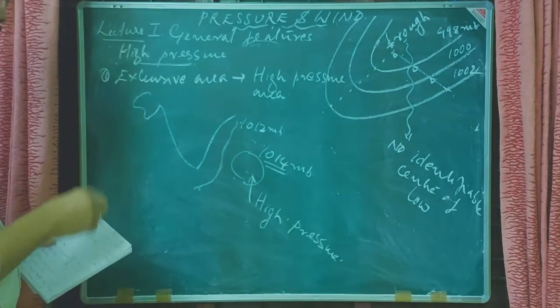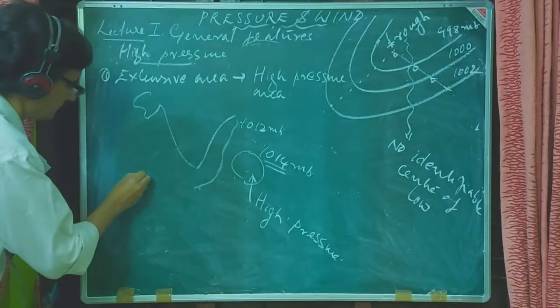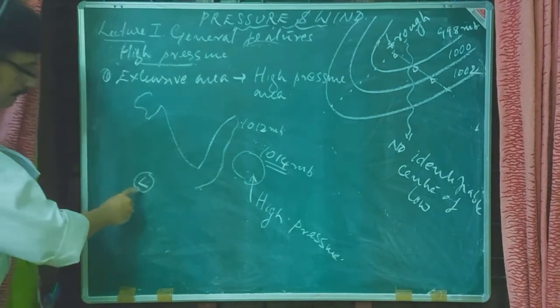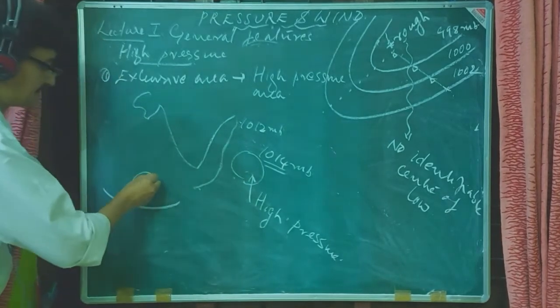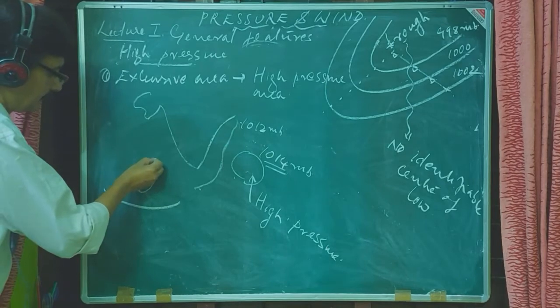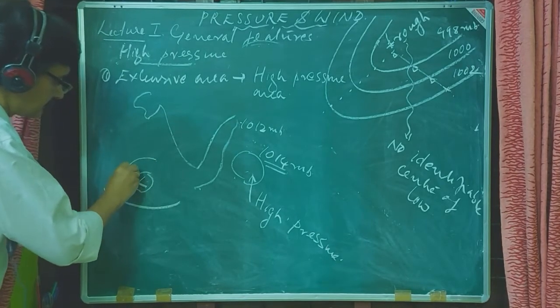Earlier in the case of a recognizable low, in the northern hemisphere the winds will encircle in an anti-clockwise fashion.